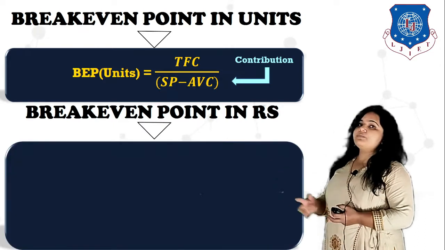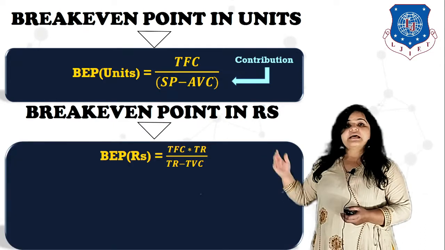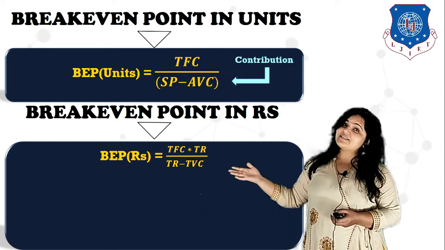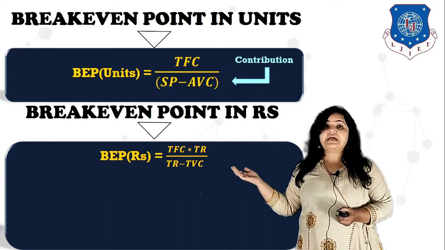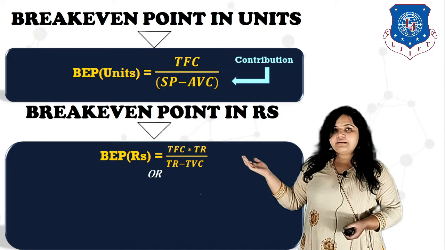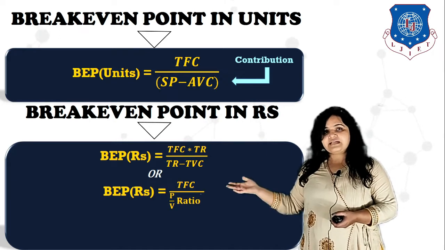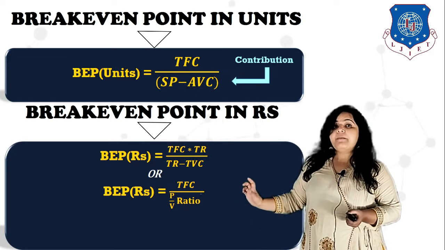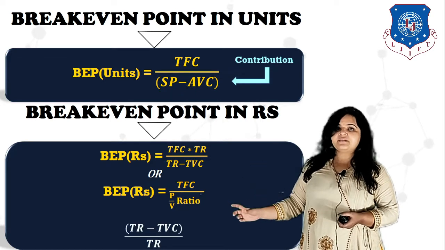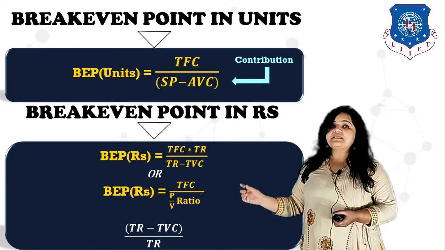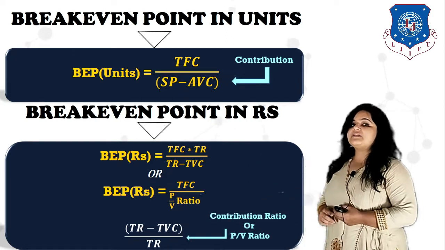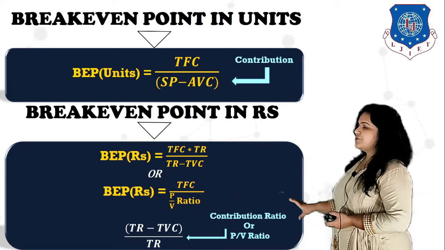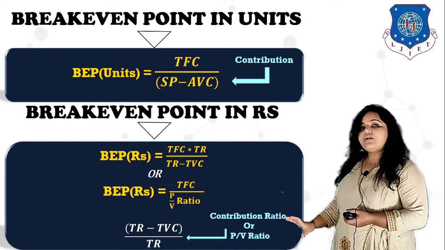Break-even point in rupees can be given as BEP in rupees is equal to TFC into TR upon TR minus TVC, or BEP in rupees can also be given as TFC upon P by V ratio, because the denominator TR minus TVC divided by TR is also known as contribution ratio or profit to volume ratio.